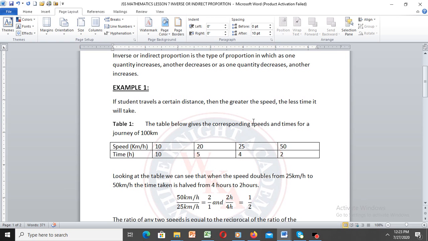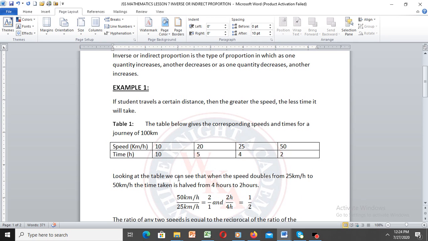Or if you are even running, it's still better than walking sluggishly. So the higher your speed, the shorter the time it will take you to get where you are going. If you increase your speed, you automatically reduce the time it will take you to cover a certain distance.